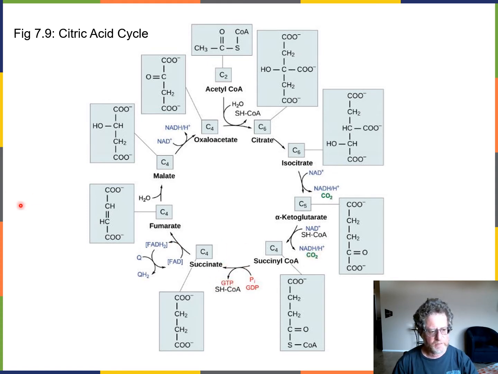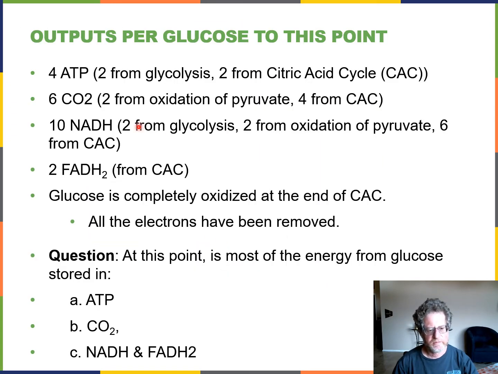So if we go back to the previous slide, can't do that. This is good. They say when you add everything together till now, you've made 4 ATP. You had 2 from glycolysis and 2 from the citric acid cycle. They're calculated on a per glucose basis, so that GTP is counted as an ATP.